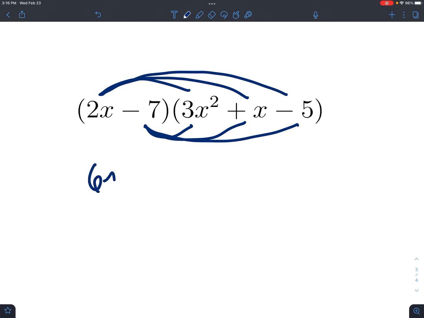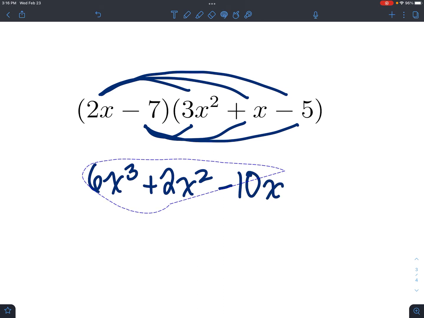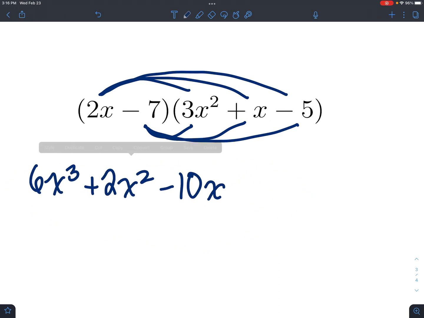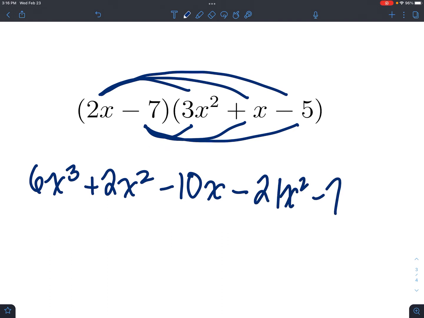So the first one is 6x cubed plus 2x squared minus 10x. That was the upper. And then the next one right here would be minus 21x squared minus 7x plus 35.